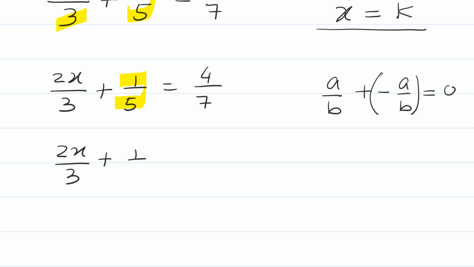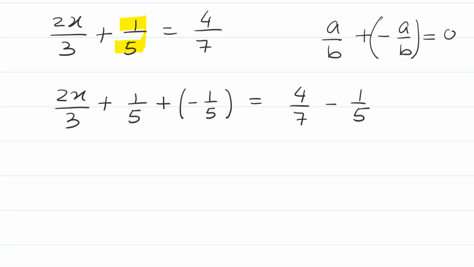So we will remove the 1 by 5 term from the left hand side. The additive inverse of 1 by 5 is minus 1 by 5. So add minus 1 by 5 on both sides of the equation. Here we have used the additive inverse property.